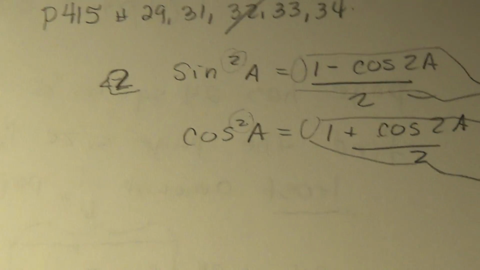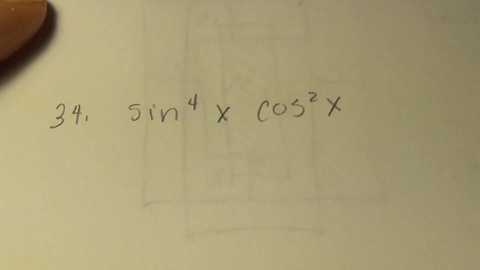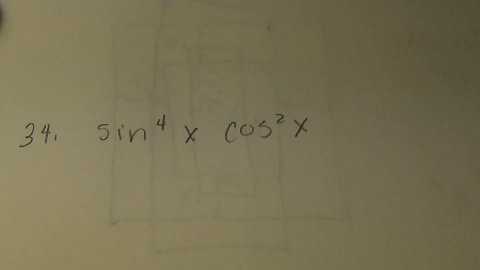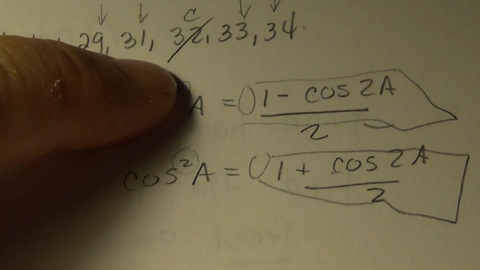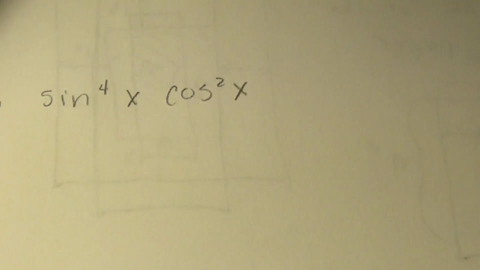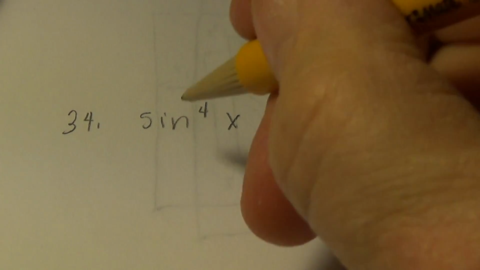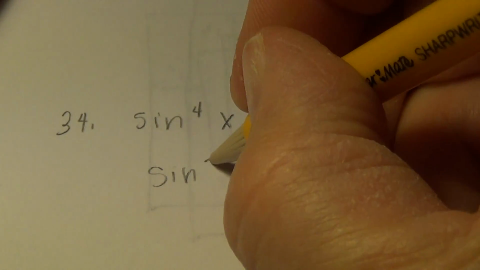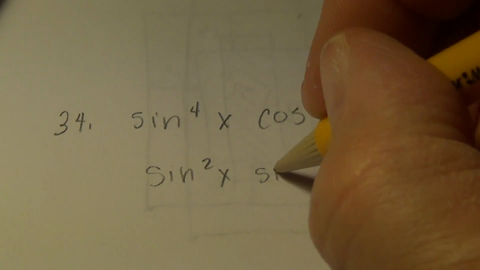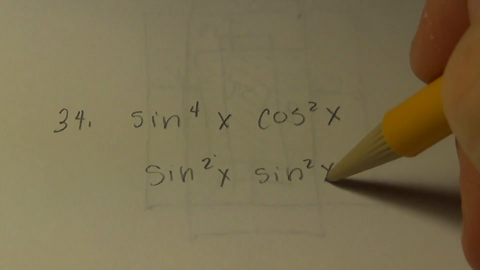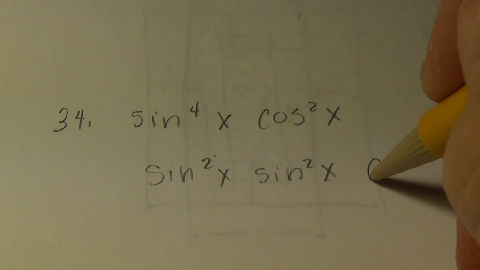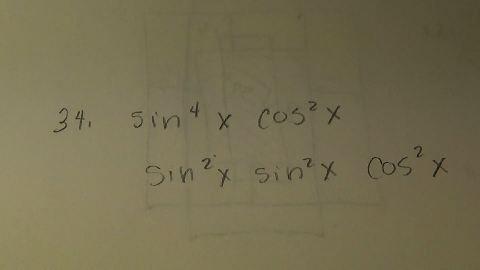All right, so the 2 guns are pointing at this problem. We can only use our guns if we have squares in them. So I'm going to rewrite sine to the 4th as sine squared times sine squared, because our guns are only aiming at squares, and cosine squared is already that.